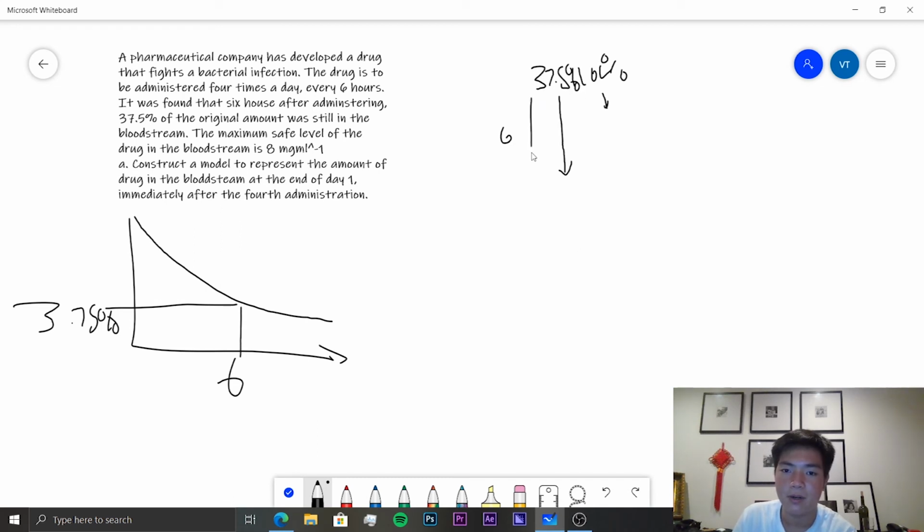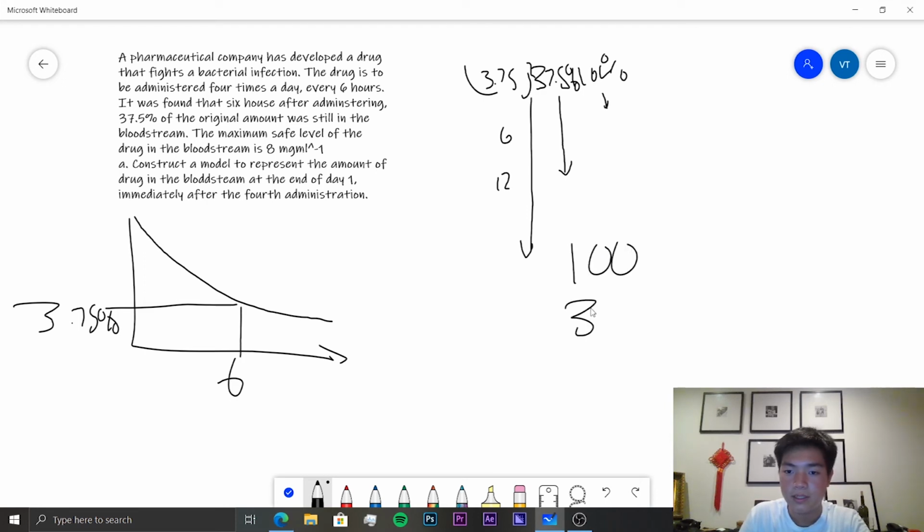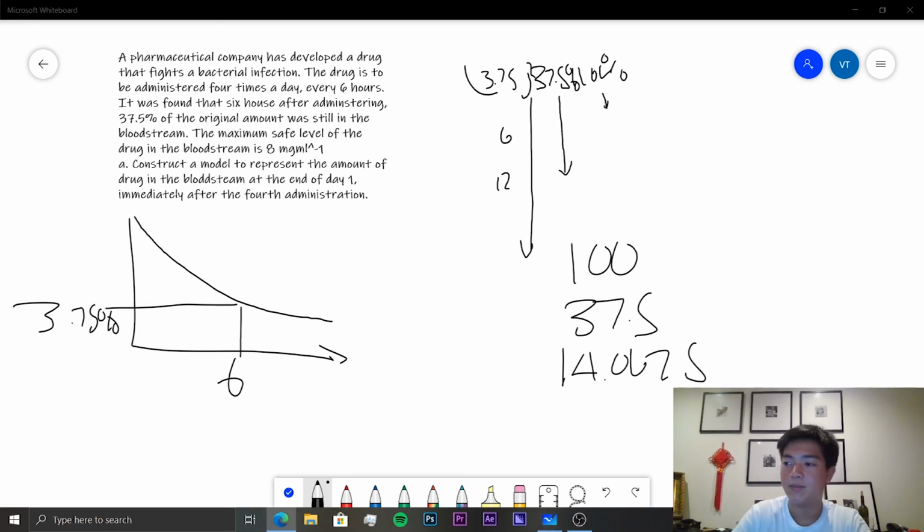And from the 2nd one, which was 12 hours ago, only 37.5% squared, which would be 14.0625. So let's just write them out: 100, 37.5, 14.0625, and finally 37.5% cubed, which is 5.2734.